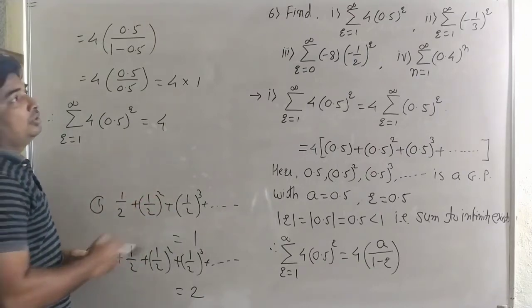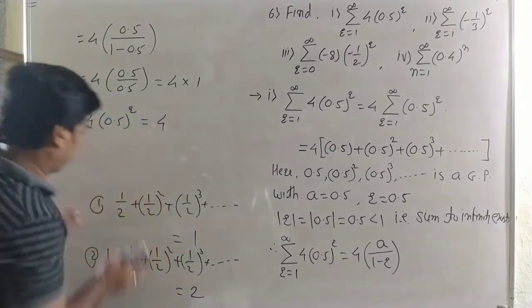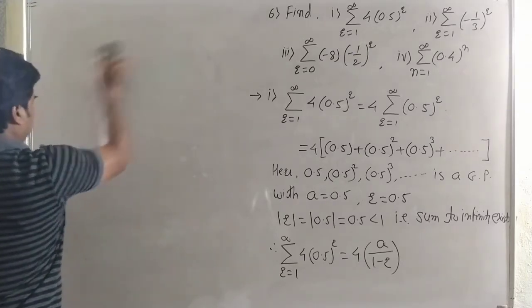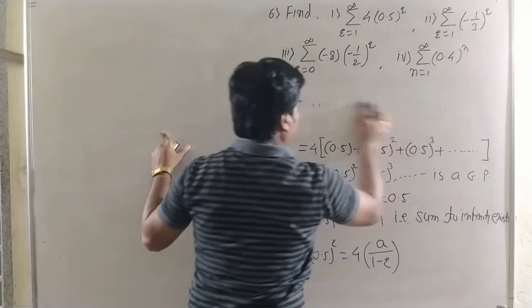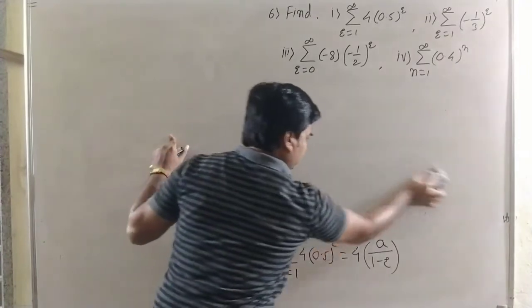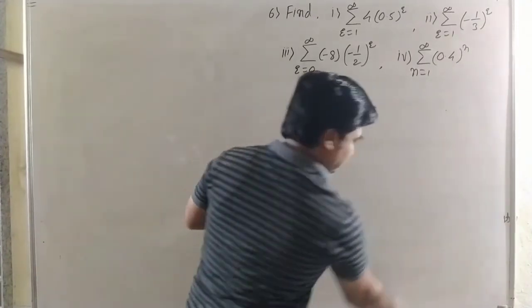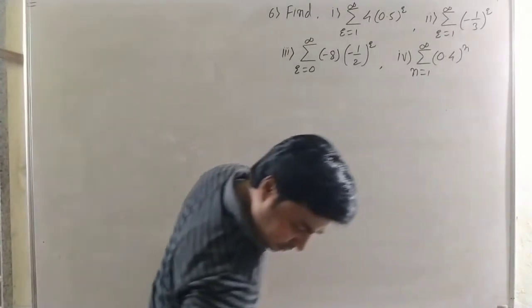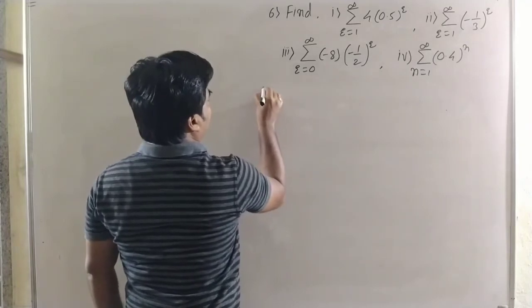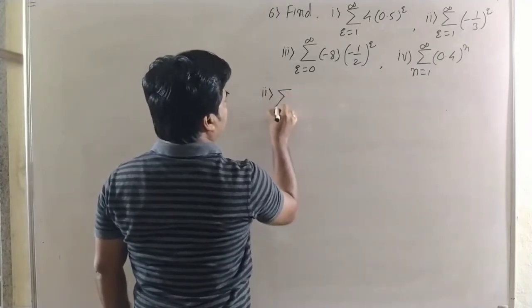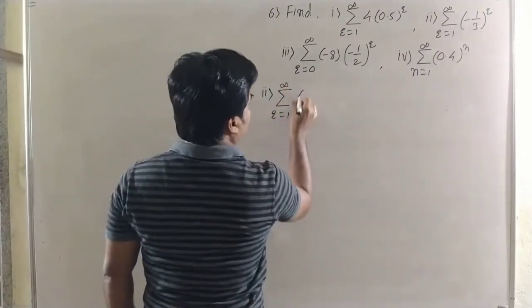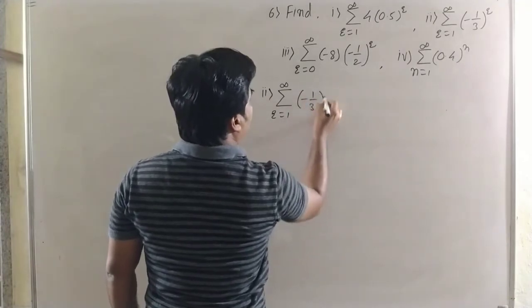Now we see example number 2. Summation over r is equal to 1 to infinity of minus 1 by 3 to the power r.